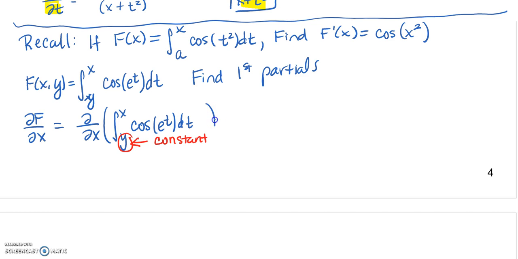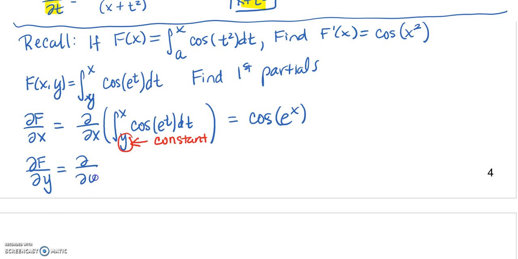So we can do this in much the same way as the first example. Basically I take my integrand and I replace t with the variable x that's in this upper limit. So this would be cosine of e to the x. And I can do a similar thing with the partial of f with respect to y.